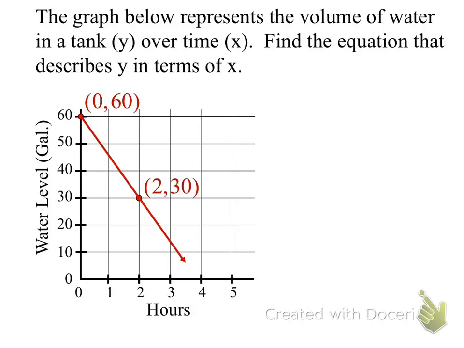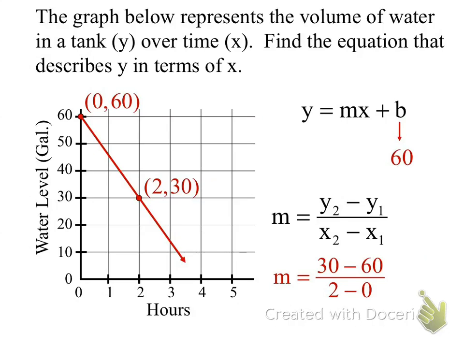So our b is what? 60. And now we have our slope, which is negative 15. Okay? And now what is the equation? Daniel? It is y equals negative 15x plus 60.